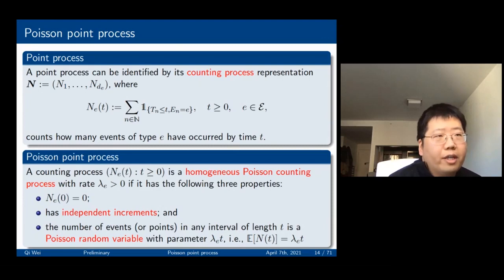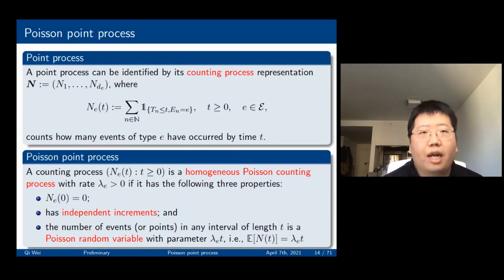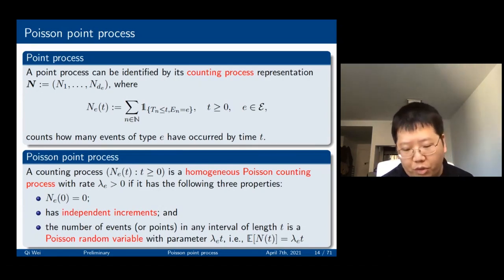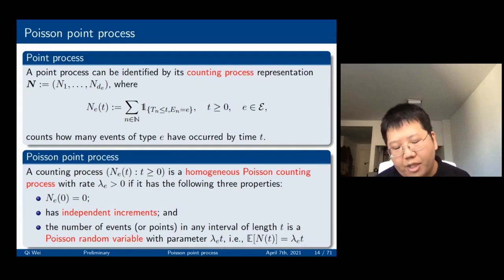And the number of events or points in any interval of length t is a Poisson random variable with parameter lambda_e t. This is quite a nice property, and that's why it is named the Poisson distribution, because the number of arrivals within a certain time interval follows a Poisson distribution.